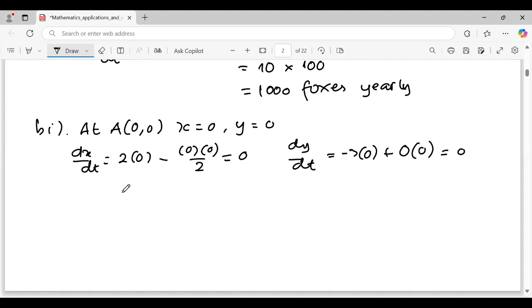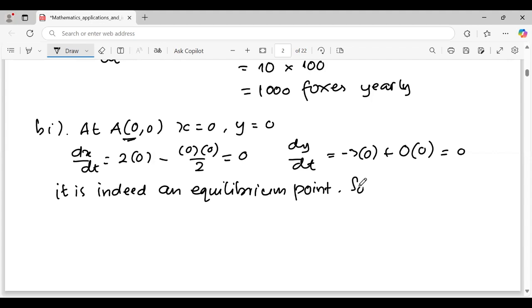So both rates of change are 0. I'm going to write that it is indeed an equilibrium point.